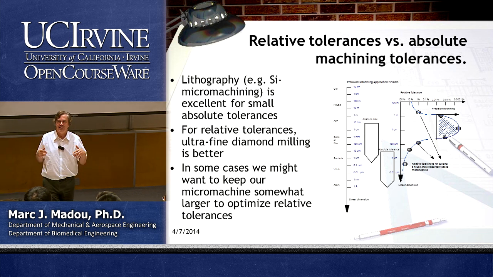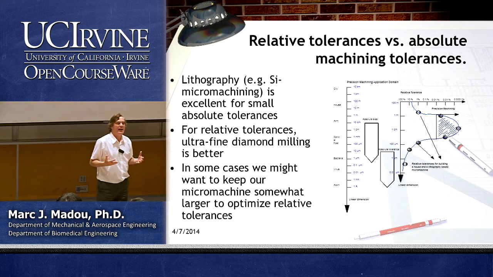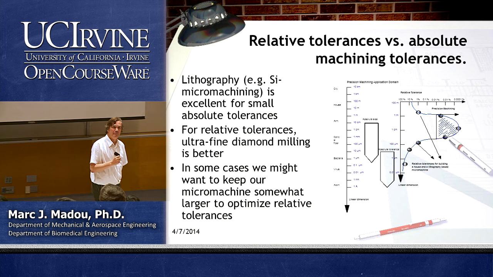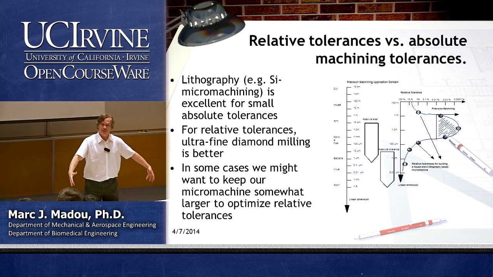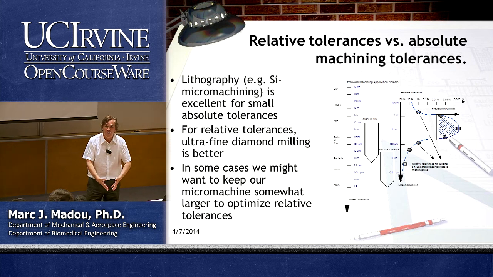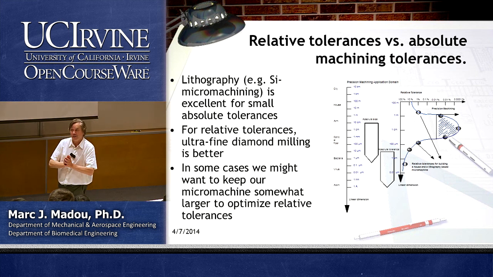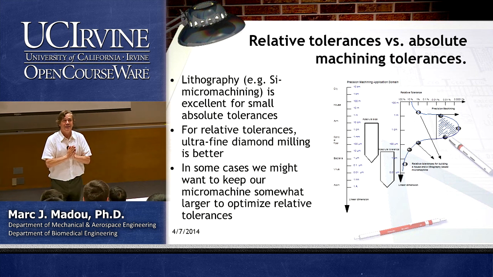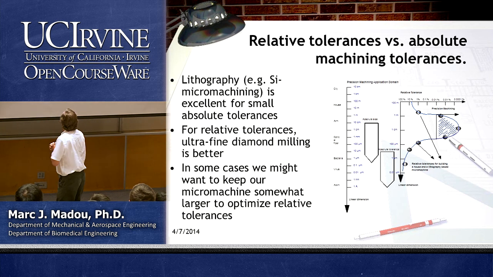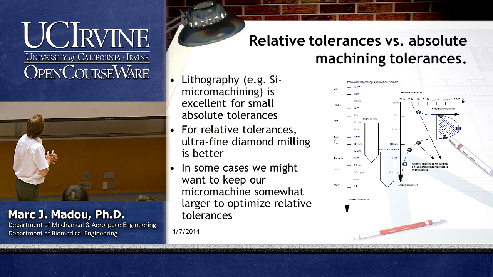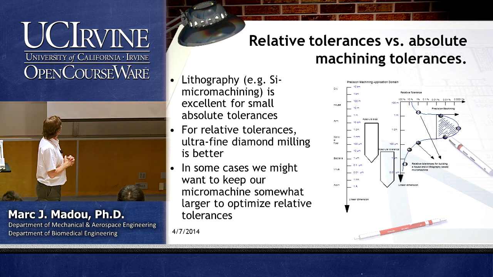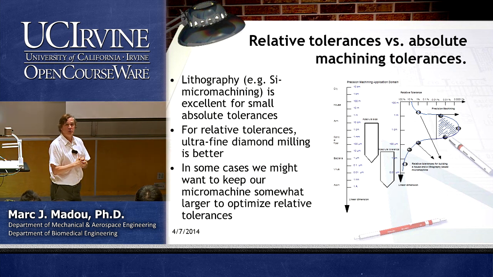It's a very important insight. It means that often, if relative tolerance is important, you better make the thing bigger. Making it too small means that your relative tolerance will not be so good. Do you get that? It's an important point for this class. So lithography, for example, silicon micromachining, is excellent for small absolute tolerances.